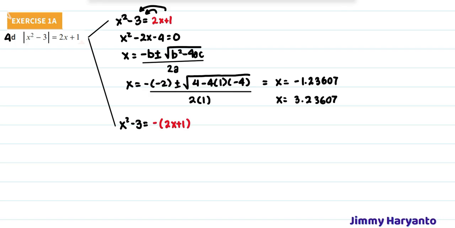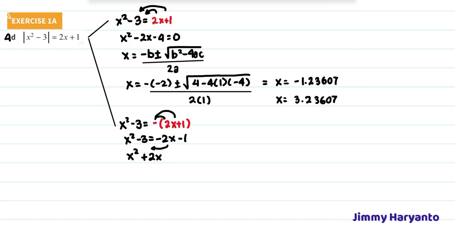For the second part, you have to simplify the right hand side first. You have negative 2x minus 1, and then you move it to the left hand side. It will be plus 2x, and then minus 3 plus 1 is negative 2 equals to 0.